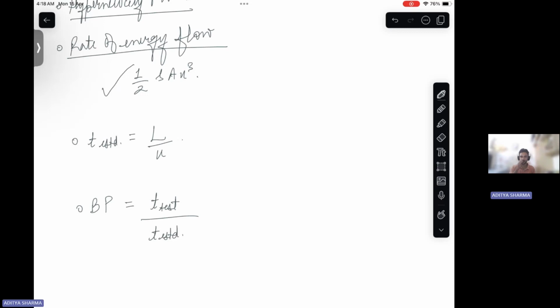And after that, a comparison between a wind tunnel and a shock tunnel has been done. So one major difference is that the wind tunnel is used to simulate low enthalpy conditions, and the shock tunnel is used to simulate moderate and high enthalpy flows.